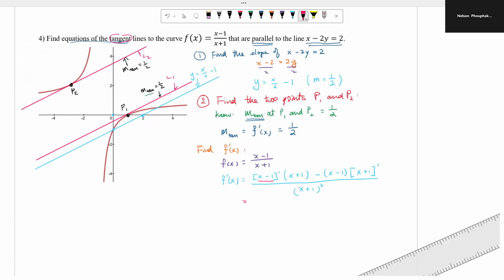The derivative of this is 1, so I have x plus 1 minus x minus 1 times 1. The derivative of this is also 1. Which is equal to 2 over x plus 1 squared.